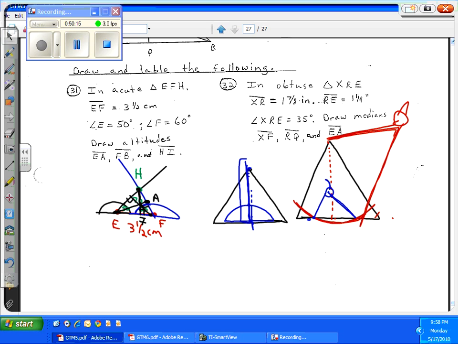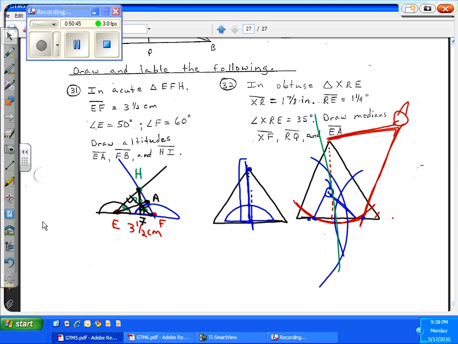It'd be setting kind of sideways. And you would make an arc. And then you would come from here and do the same thing and make an arc. And where those two arcs meet, it should be a perpendicular that goes through there.